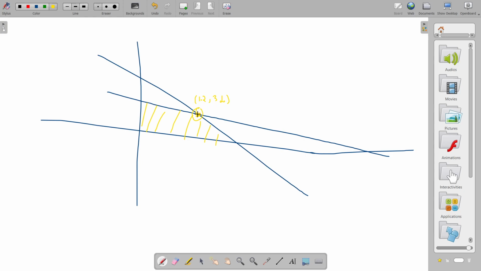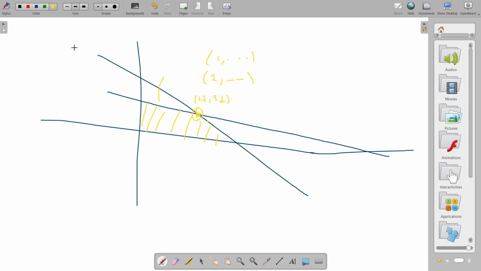So the idea is that since this gives the optimal answer, the integral optimal answer would either be the immediate next integral value, which is 2 comma something, or it would be the immediate left integral value, 1 comma something. So what I can do is find the value of y.